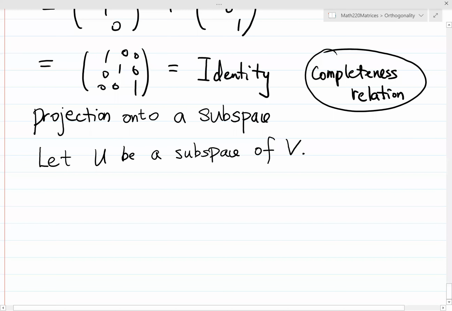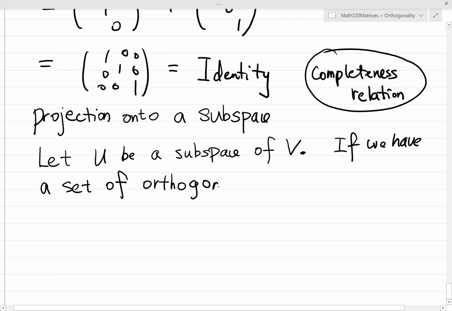There are two ways to do this. Either we do it like this. Suppose we have a set of orthogonal, be careful, orthogonal basis.